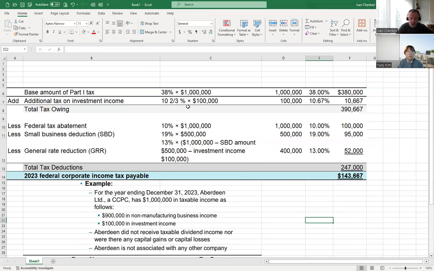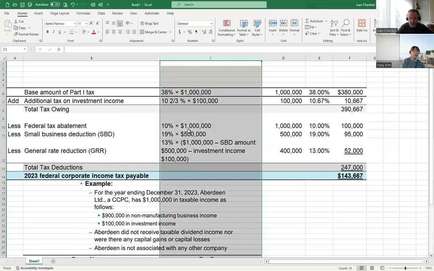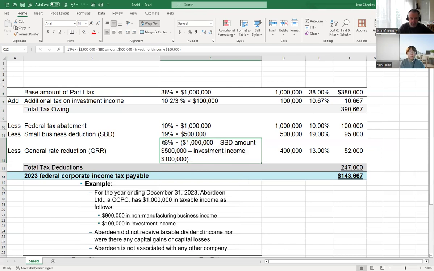Now, what you can do at some point, you can get rid of this column, because we don't need it anymore. Make sense? The only thing that we need is the general reduction rate. That will be the base amount.